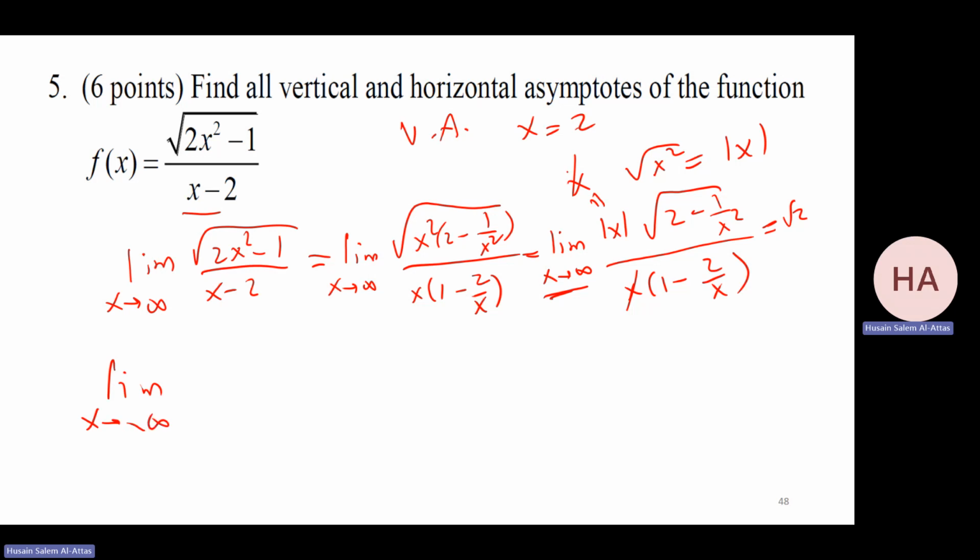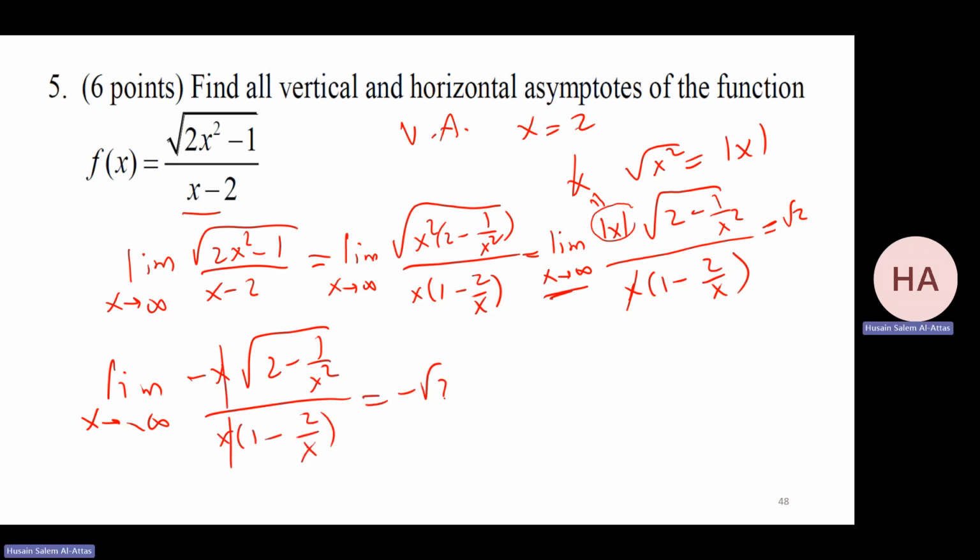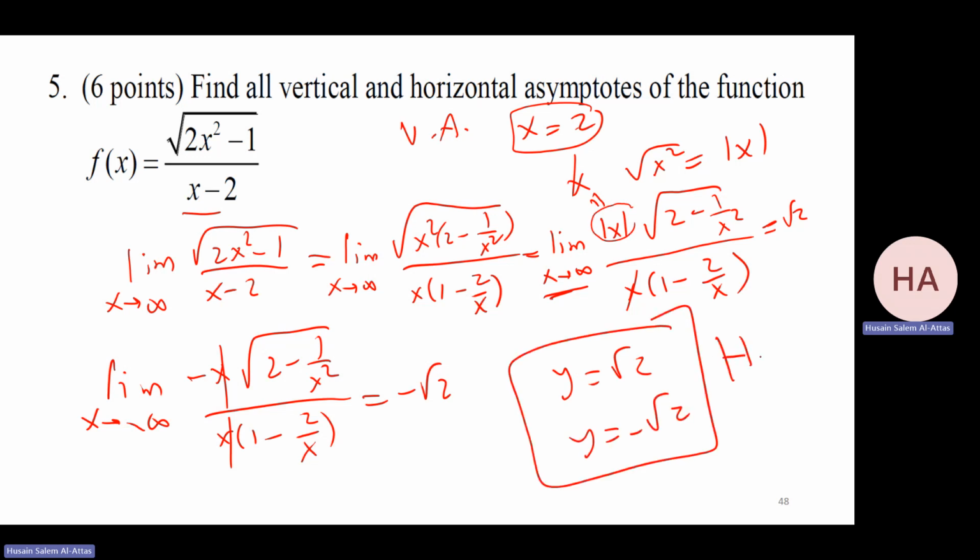What's the difference? This will not be x. It will be absolute value of x, so that will be minus x with the same in the rest. Cancelled. You have minus square root of 2. This is the vertical asymptote, horizontal asymptote, y equals square root of 2, y equal minus square root of 2. This is the horizontal asymptote.